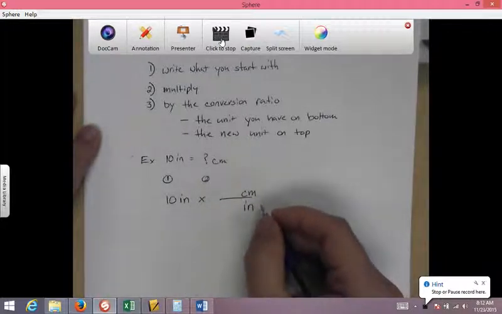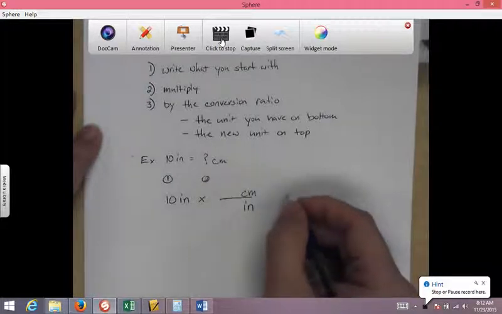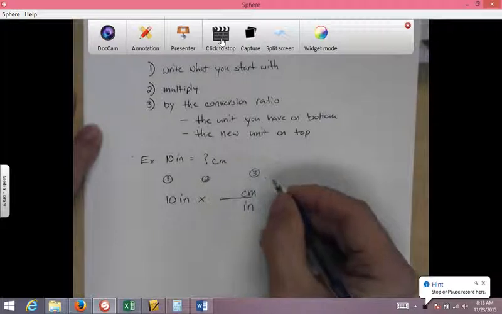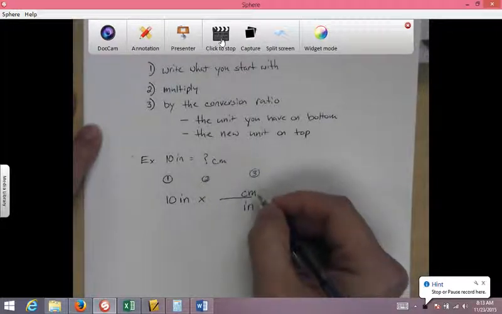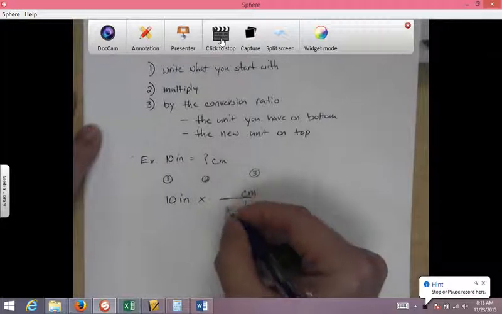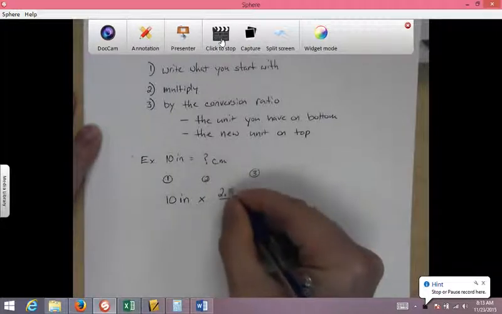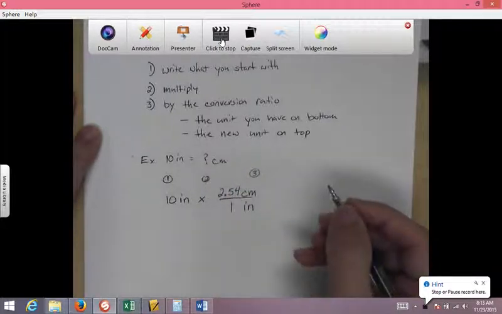There's a chart on page 320 that I'm going to look at for my conversion between centimeters and inches. If you look at that chart, in the green box at the very top it says 1 inch is about 2.54 centimeters. So I'm going to fill in 1 inch, and for centimeters 2.54.